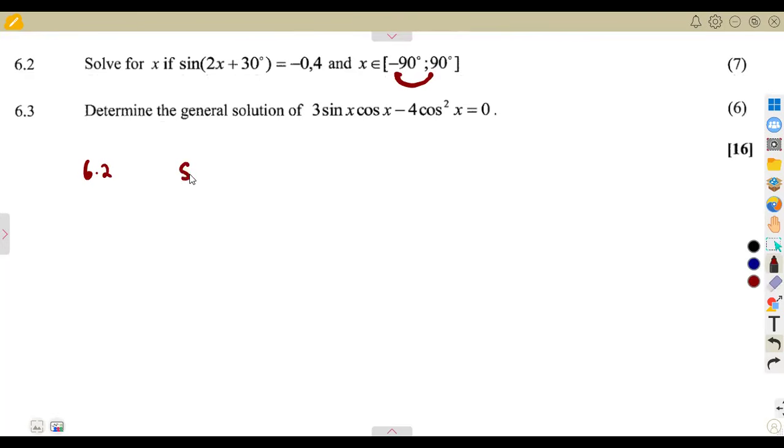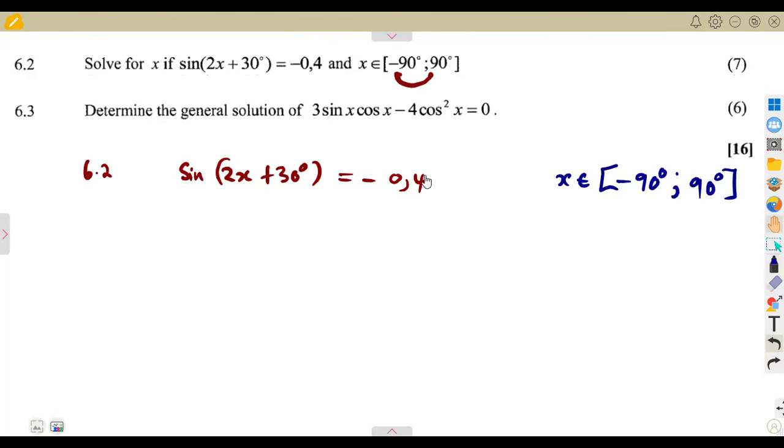So we are given that the sine of 2x plus 30 degrees is equal to minus 0.4, where x is supposed to be numbers taken from minus 90 degrees up to positive 90 within this interval.